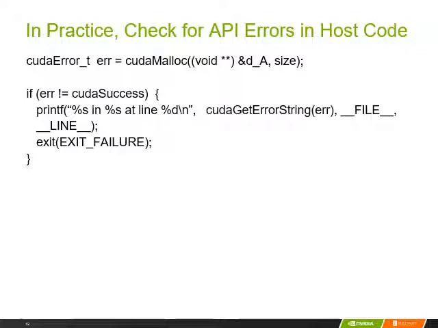For example, a typical problem that cudaMalloc can run into is when the global memory no longer has enough space to accommodate the array or object being allocated. And once we print out the error message, we can exit with the error code called EXIT_FAILURE.